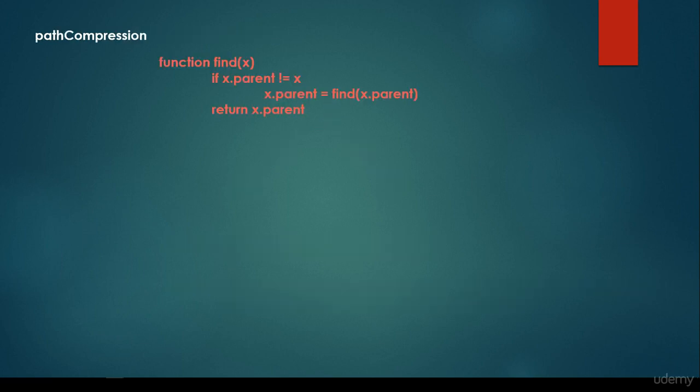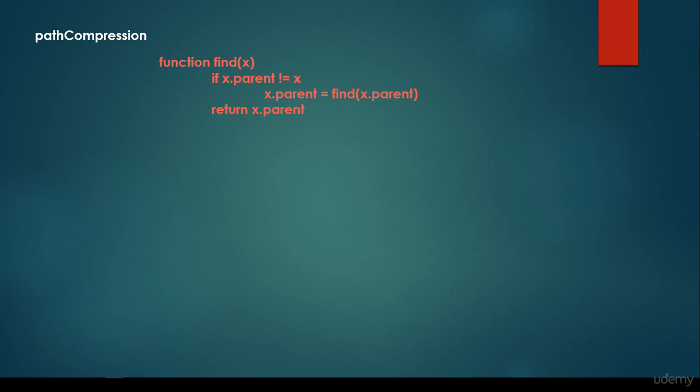What about the path compression? This is basically the modified find method. We are looking for the x, and if the x.parent is not equal to the x, which means that this is not the root node, this is not the representative, we are going to set the parent to be the find of the x.parent, and basically this is the recursive method call.